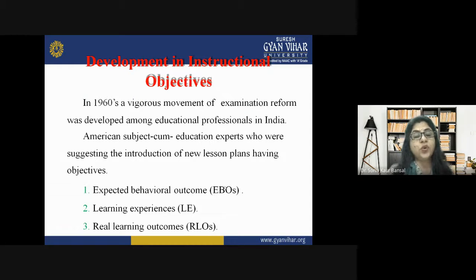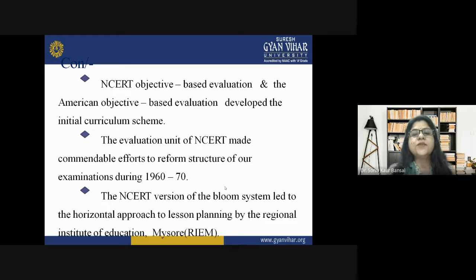So there were EBOs, LEs, and RLOs. The full form is expected behavioral outcomes, called EBOs, and LE, called learning experiences, and then RLOs, real learning outcomes. So NCERT objective based evaluation and the American objective based evaluation developed the initial curriculum scheme, and the evaluation unit of NCERT made commendable efforts to reform the structure of our examinations during the 1960s and 70s.